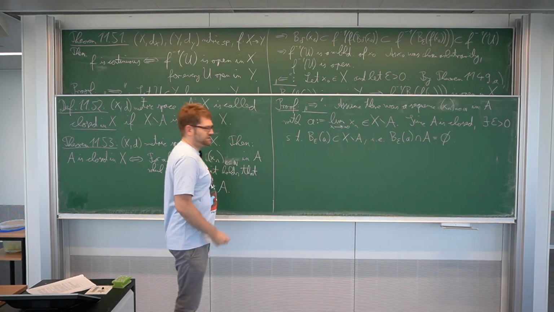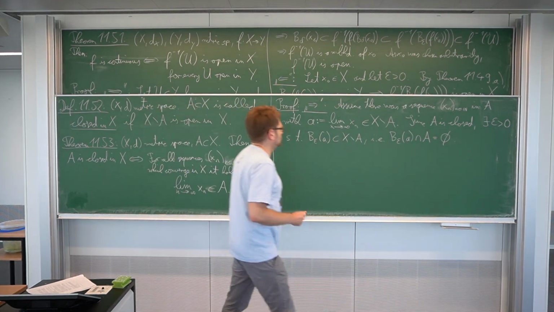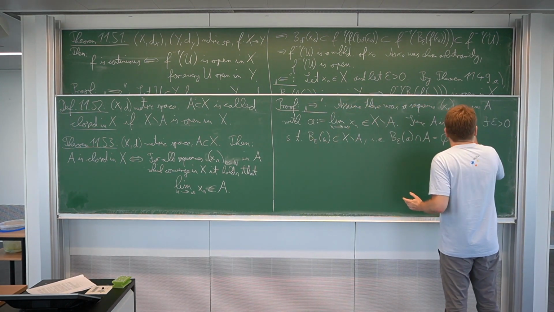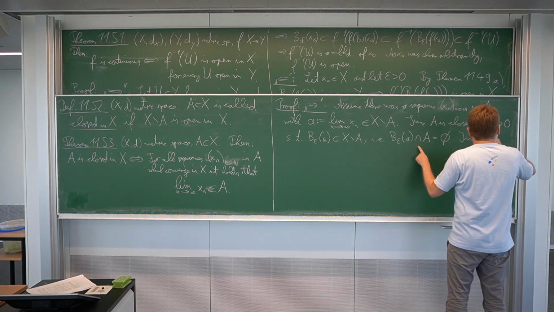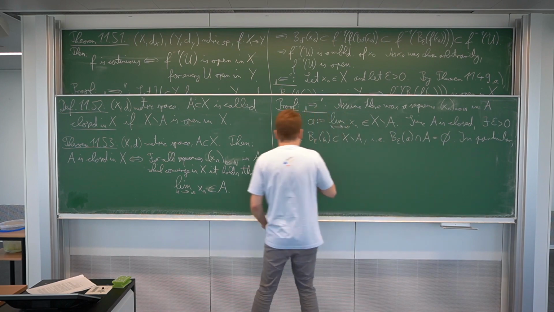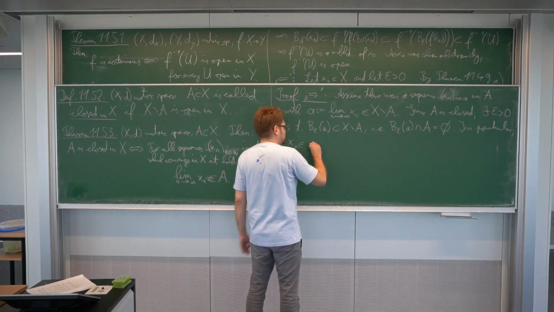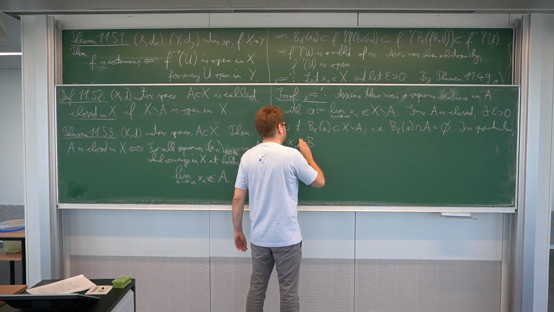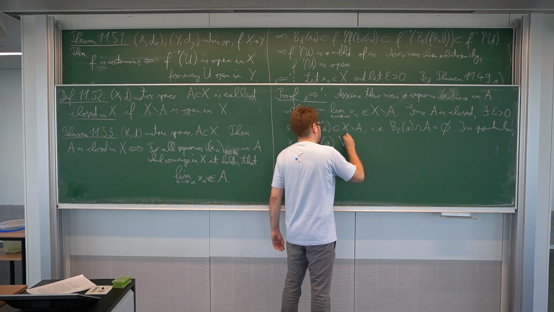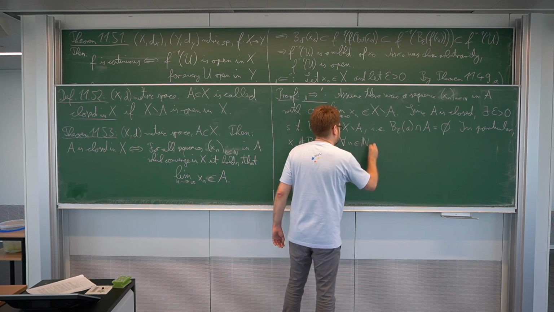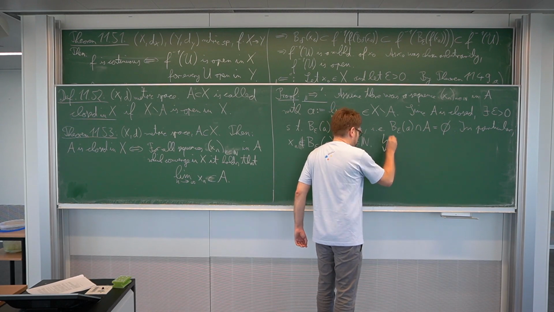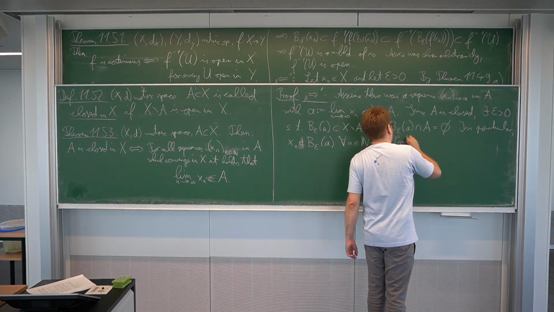But this is bad. This gives a contradiction to the definition of convergence, because we know the sequence converges, but the sequence is in A, and if this holds, in particular the elements xn cannot be in this epsilon ball. So no element of the sequence is included in there, and that can't be right. So this is a contradiction to convergence.